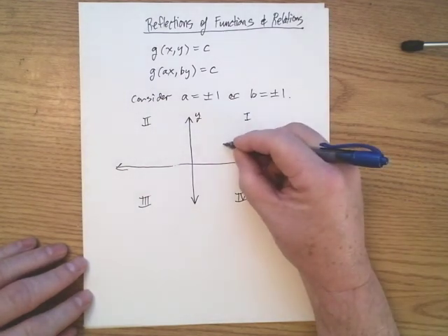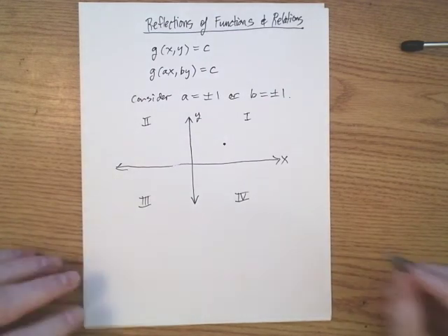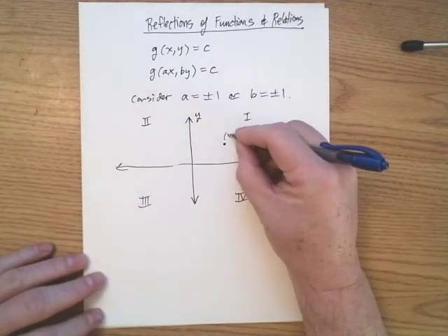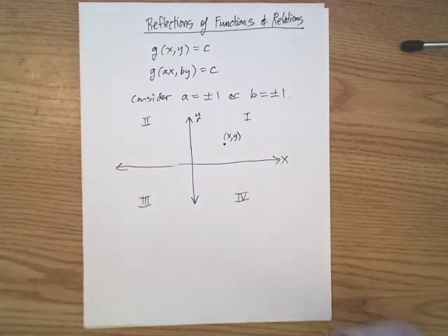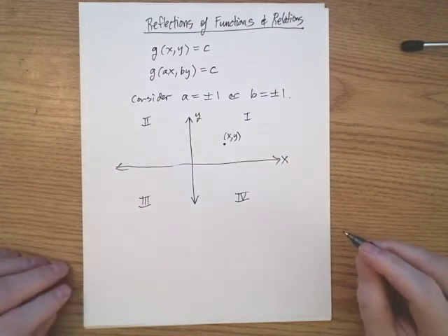Okay, suppose I have a point. I'm not doing this for any particular reason, it's just for convenience. I'm going to put this point, which I'm going to call (x, y), in the first quadrant as it so happens. But it could actually be in any of the quadrants, okay? But I want you guys to consider, let's maybe start here with the y-axis reflection of that point.